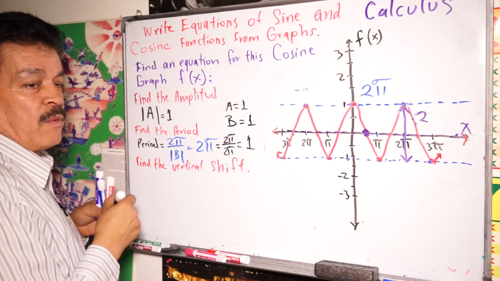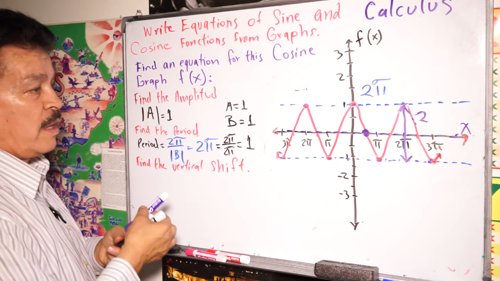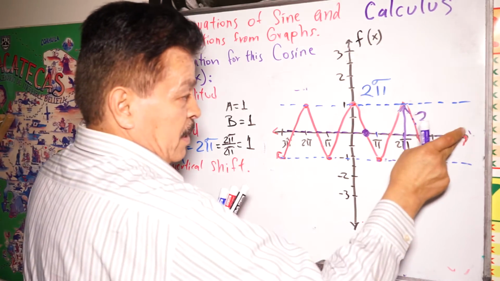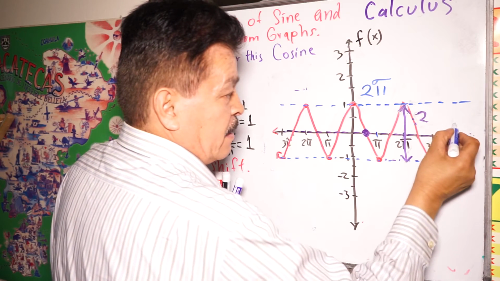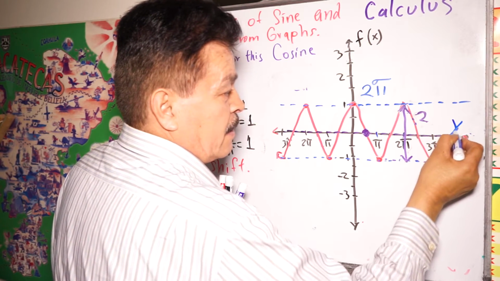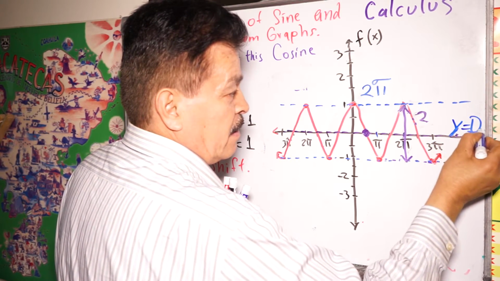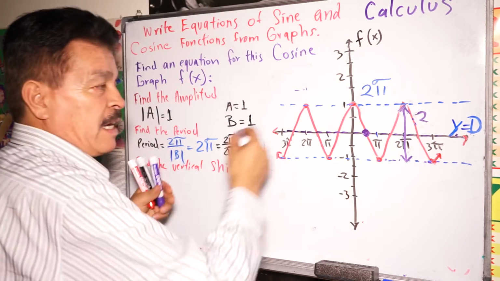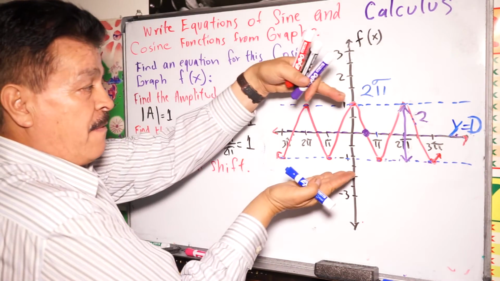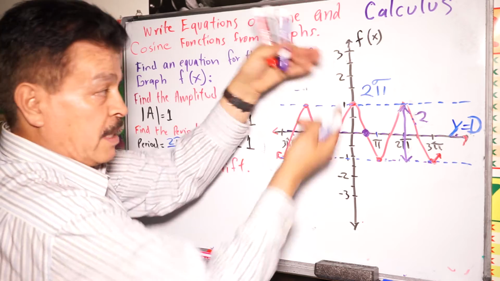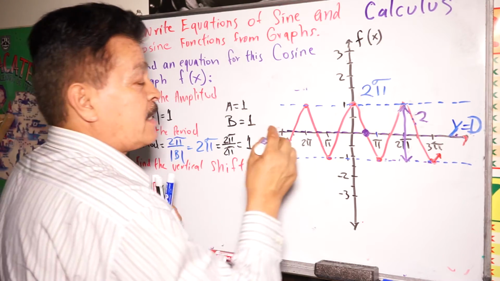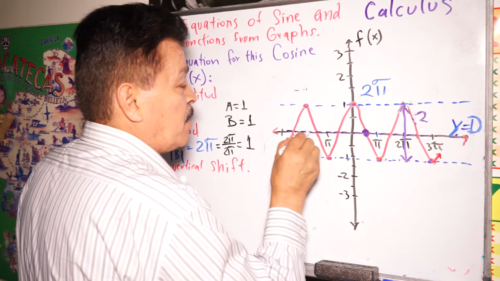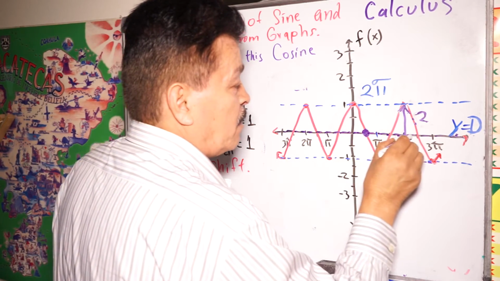So we represent the middle line with y equals D. It's at the middle of the graph. In this case, the graph is in the center of the quadrant, so the middle line of the graph is the x-axis.